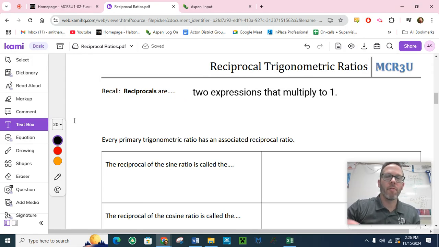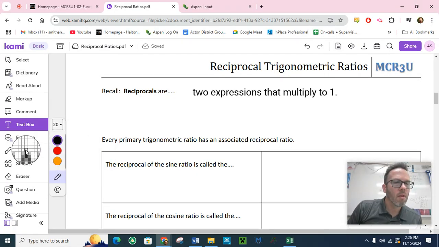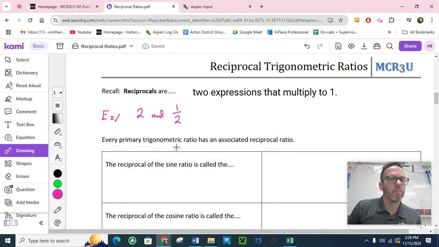So what are some examples of reciprocals? For some examples, the reciprocal of 2 is 1 over 2, because 2 and 1 over 2 multiply to 1. Another example, numbers like 3 over 4 and 4 over 3.